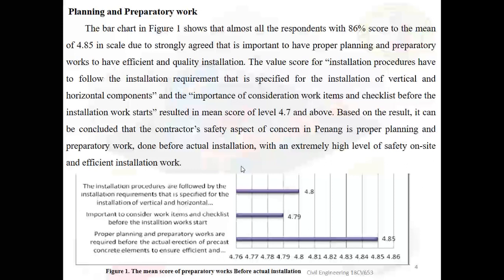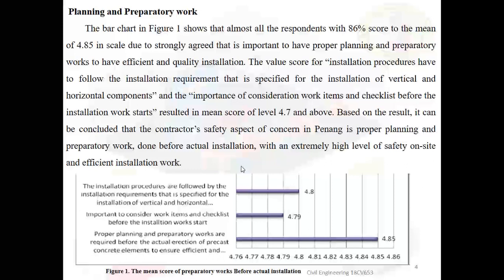So from the bar chart, most of them strongly agreed that it is important to have proper planning and preparatory work to have an efficient and quality installation.